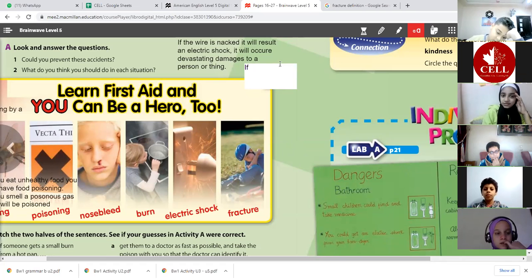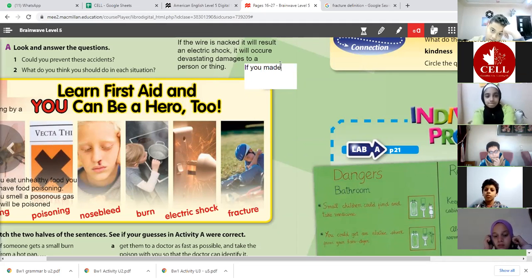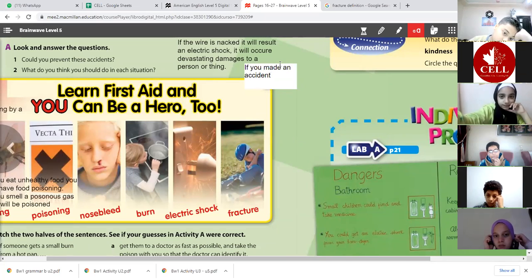If you have low bone density, from a bike you can get, if you made an accident. If you made an accident, you may get a fracture in your leg. Okay, go. Let me see where you're going.